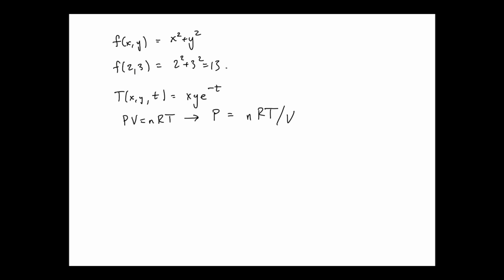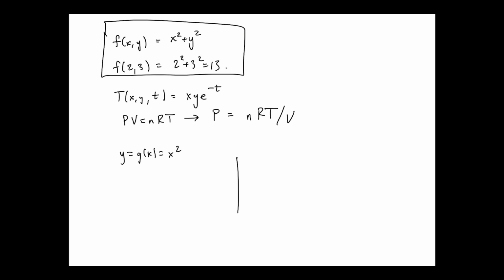Now then, let's take this first example and interpret it geometrically. So if I had a function like y equals g of x, and let me just pick x squared, how do I graph that?